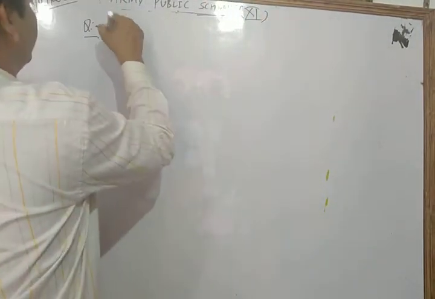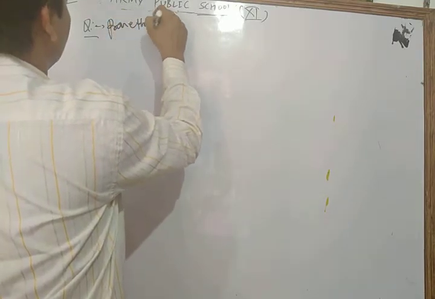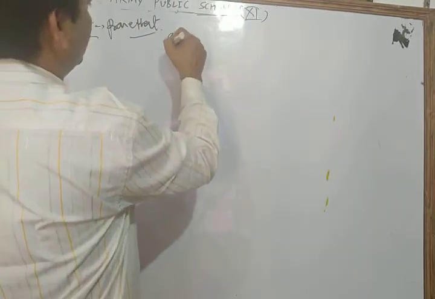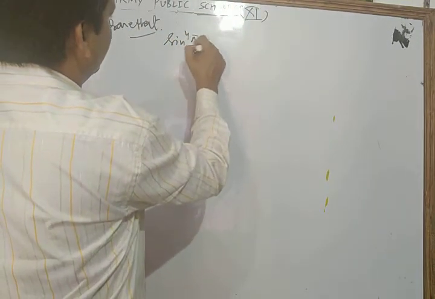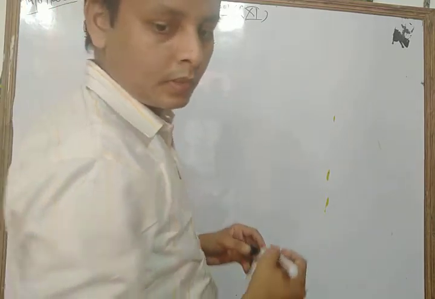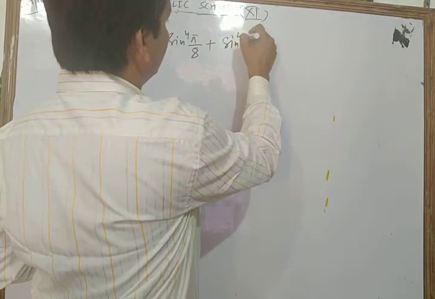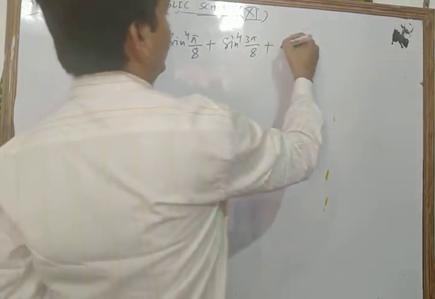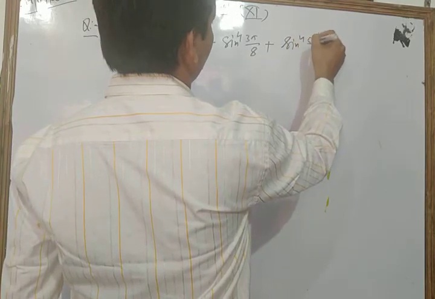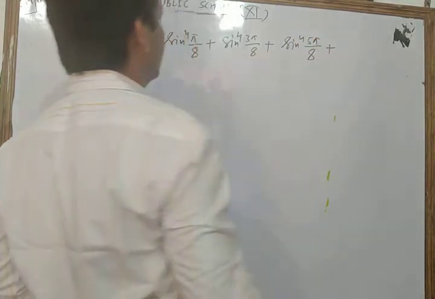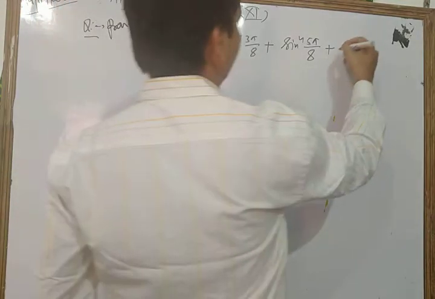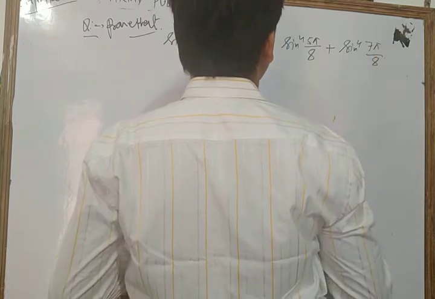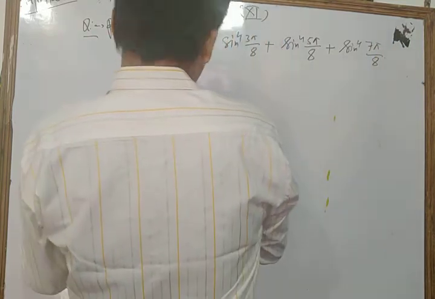Prove that sine to the power 4 pi by 8 plus sine to the power 4 3 pi by 8 plus sine to the power 4 5 pi by 8 plus sine to the power 4 7 pi by 8. This is your question.